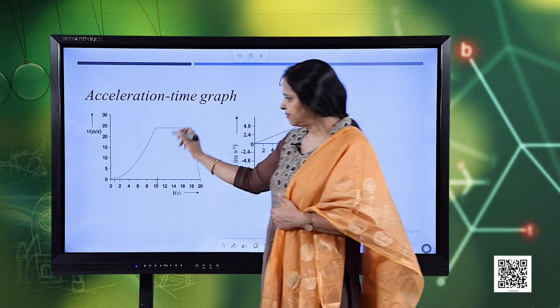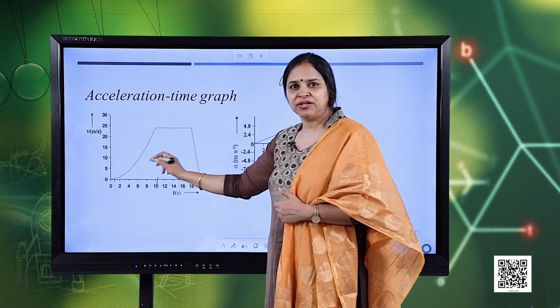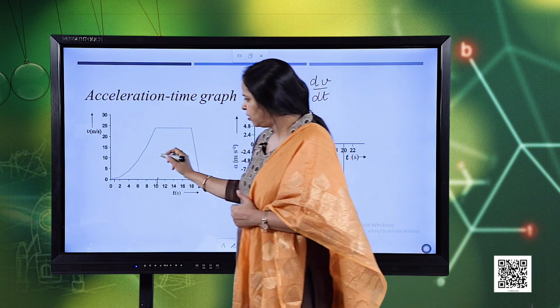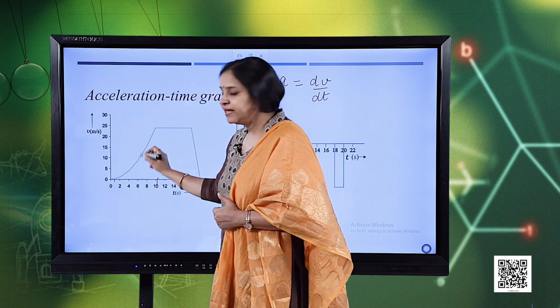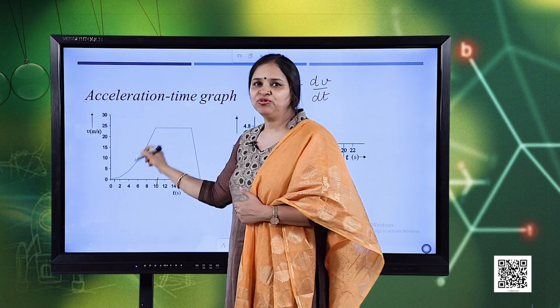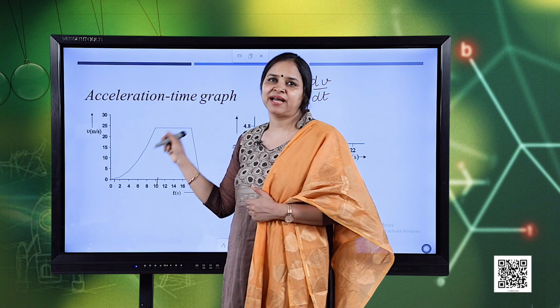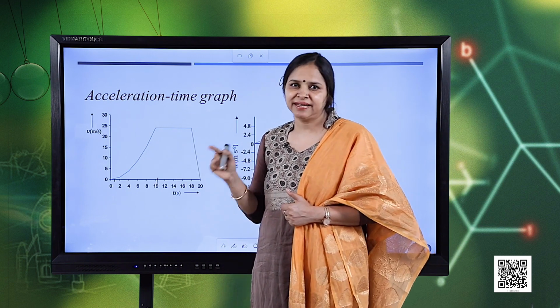So, in this graph, what do we do now? In this duration of 0 to 10 seconds, we plot the tangent at different instants, and the tangent at that particular instant gives us the information about the acceleration at that instant.